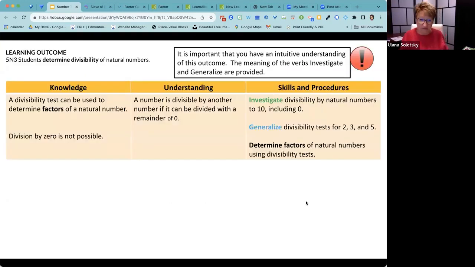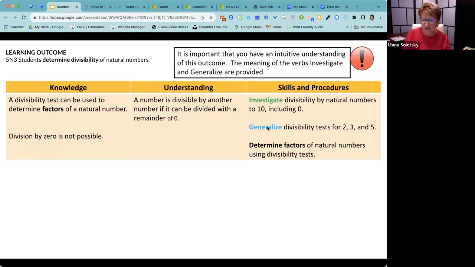Okay, so grade 5 is the divisibility tests. Now, if you were at my session on Monday, we talked about multiplication, and those multiplication strategies really, really lend themselves into divisibility tests. So you need to have an intuitive understanding of this outcome, meaning that the meaning of the verbs investigate and generalize are provided.